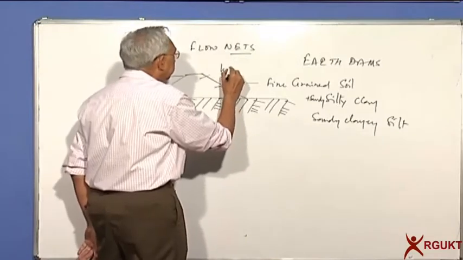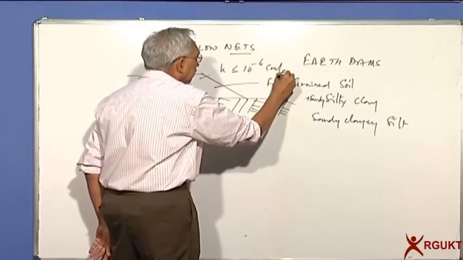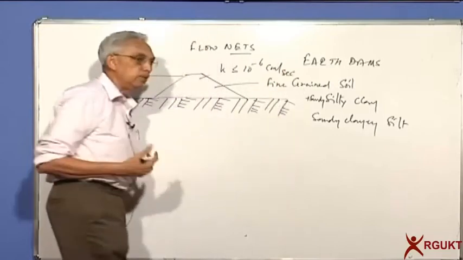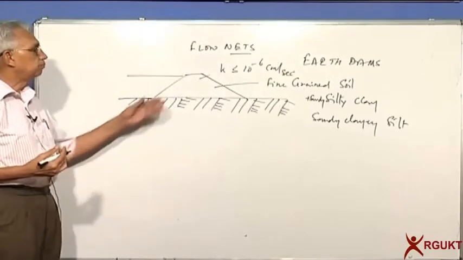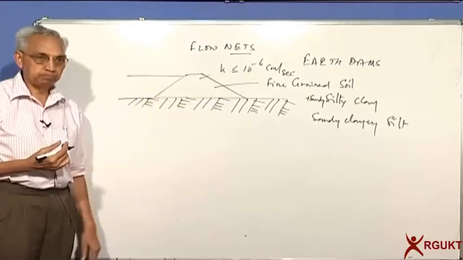K of this generally is less than 10 to the power of minus 6 centimeters per second, because you don't want to lose the water. If the permeability is high, there is no point, because all the water will escape.